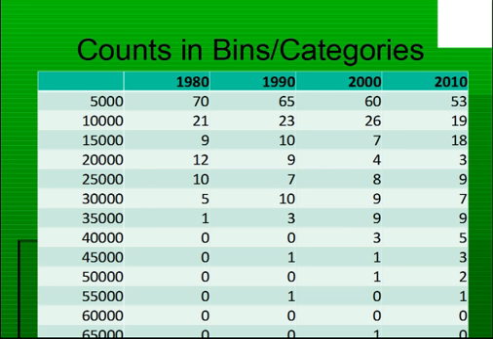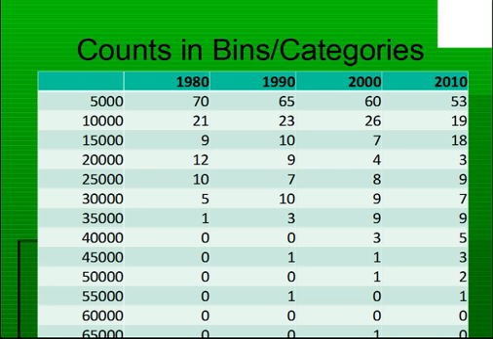So we make bins of size 5,000. Each bin goes from one number to the next higher up, and so now there are a small and finite number of bins, and then we just count how many countries belong to a particular category or a particular bin.